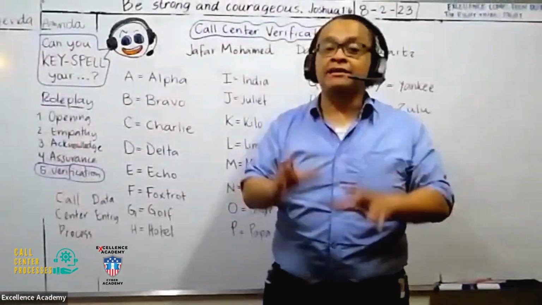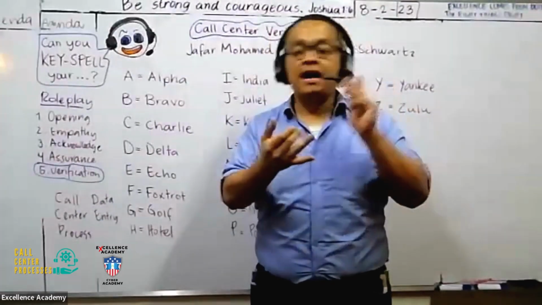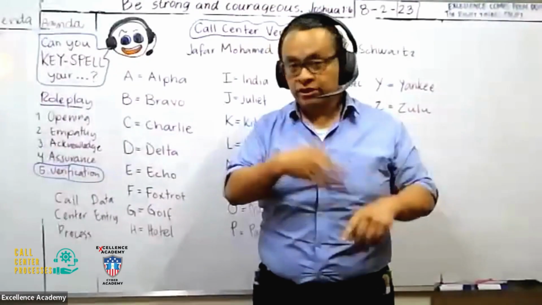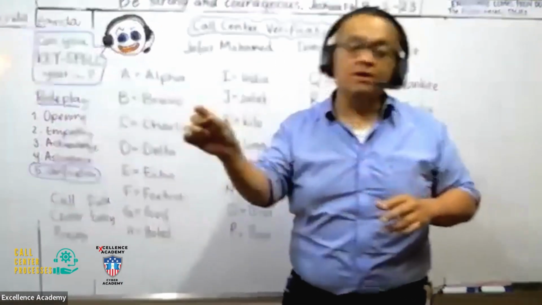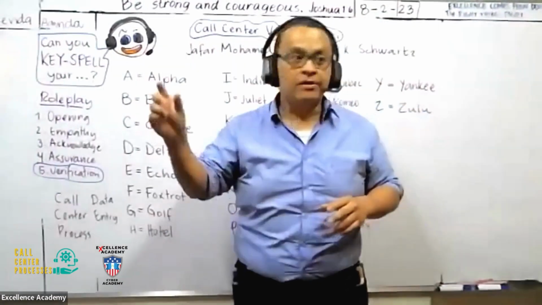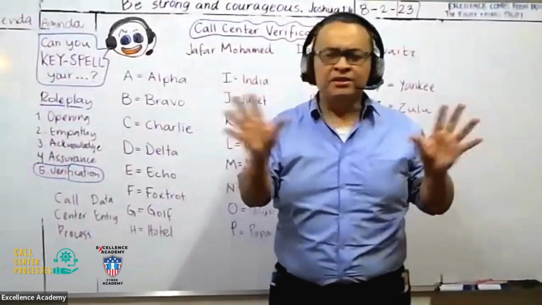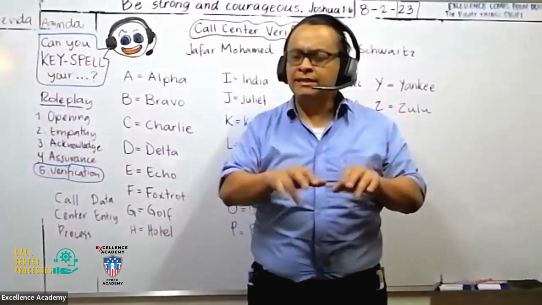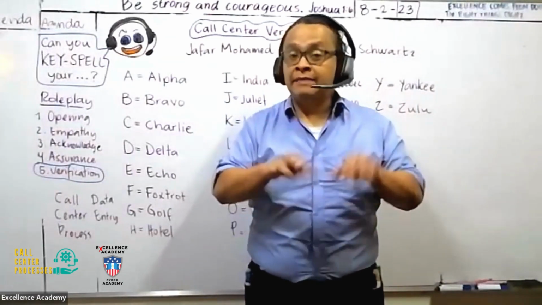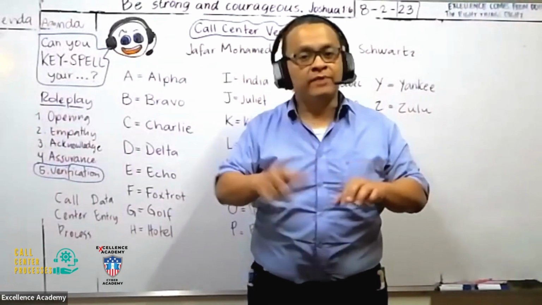So they had to get the customer's full name, address, social security, date of birth, driver's license number, the SIM card, the IMEI number, all of this information that these agents had to capture and work on in the system, at the same time asking the customer. Multitasking, right?